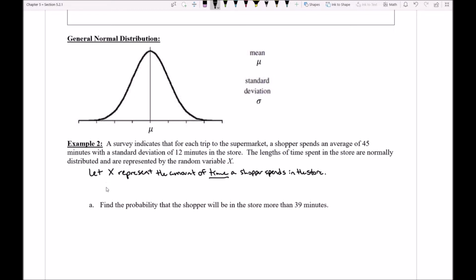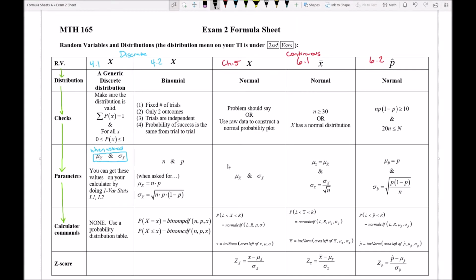Okay, the next thing would be to state what distribution x has, but the problem already tells me the lengths of time are normally distributed. So I'll say x has a normal distribution, and I know that because the problem says so. Now the other thing that I want on the formula sheet is to find the parameters.